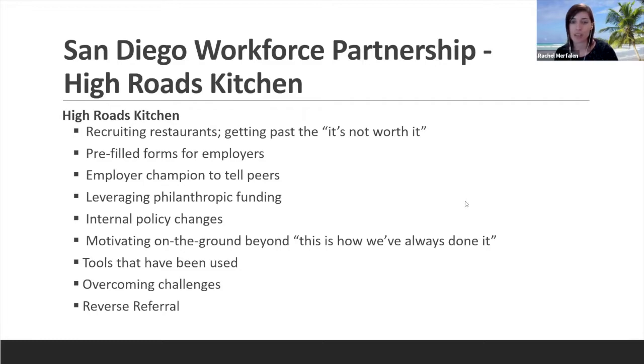Most of the restaurants that initially participated were already committed to some of those things, but having that commitment was really key, because we wanted to ensure that if we were investing in businesses during COVID, we were investing in those who are going to come out stronger and provide a better employment environment and better opportunities for workers in the post-COVID economy. We knew a lot of restaurants weren't going to make it, so we wanted to help the ones that were doing the good work to do that.